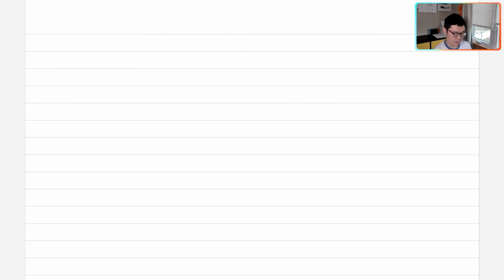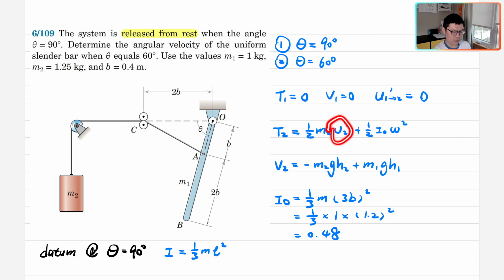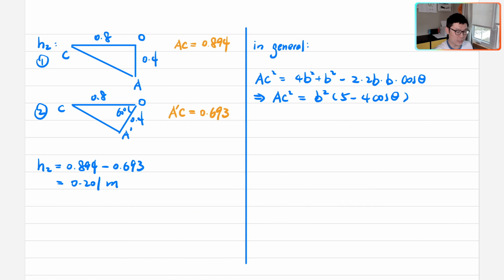What do we want? We wanted the velocity and omega. If we take the derivative of the length, we get velocity. If we take the derivative of theta, we get omega, theta dot, the angular velocity. That's omega.